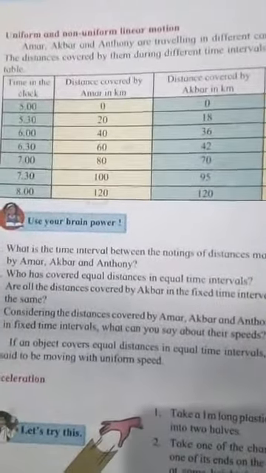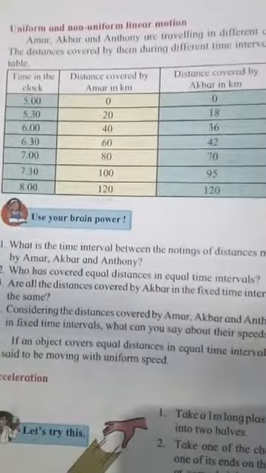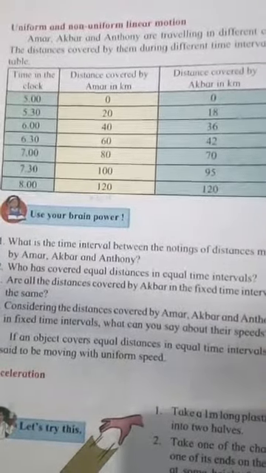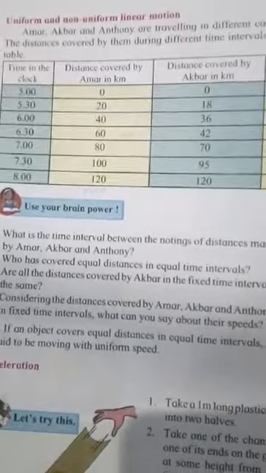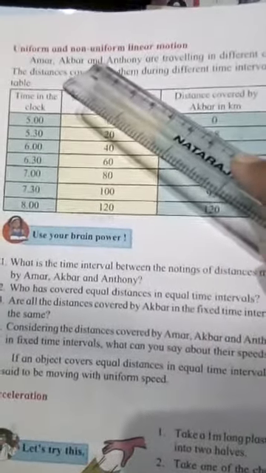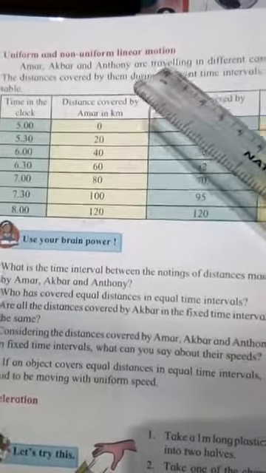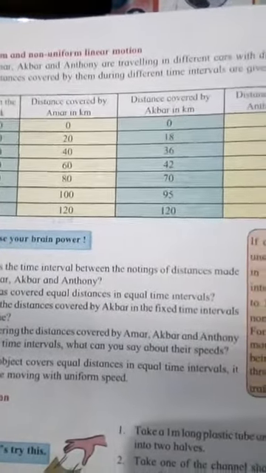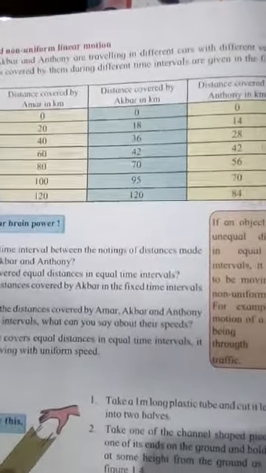Here we have given an example to understand uniform and non-uniform linear motion. Amar, Akbar and Anthony are traveling in different cars with different velocities.